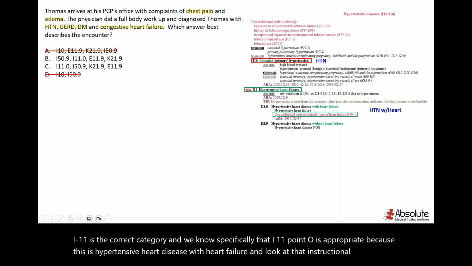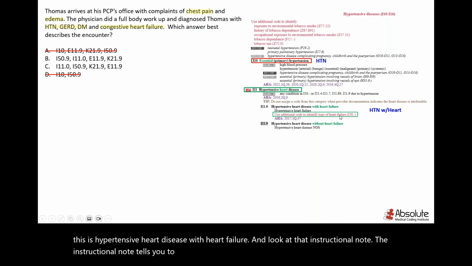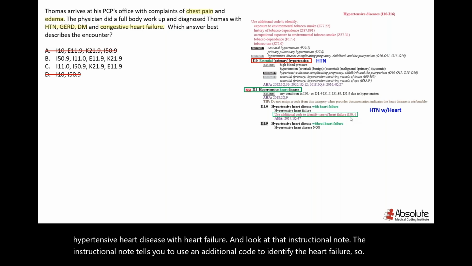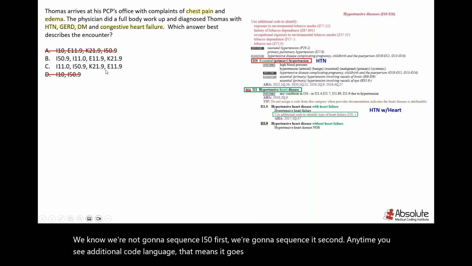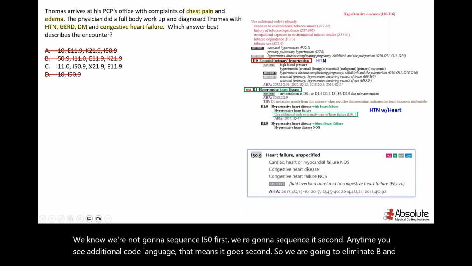The instructional note tells you to use an additional code to identify the heart failure. So we know we're not going to sequence I-50 first, we're going to sequence it second. Anytime you see additional code language, that means it goes second. So we are going to eliminate B, and C is our answer.